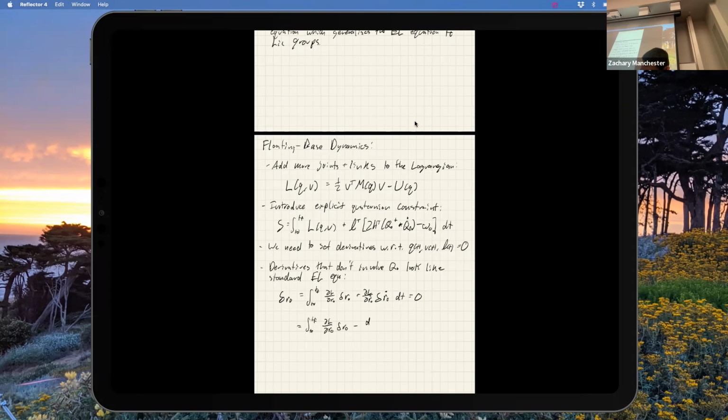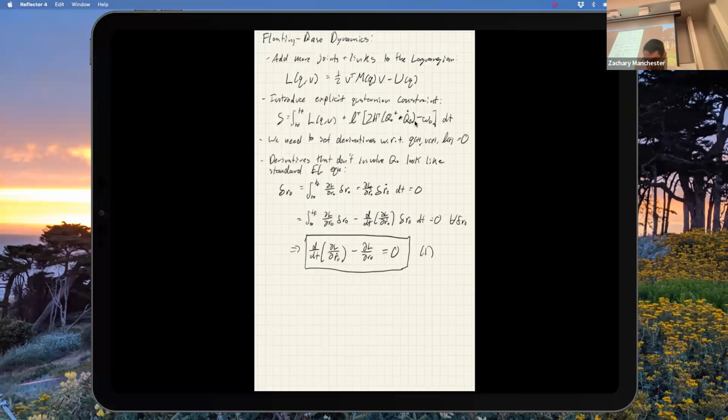So we flip the dot, so we get d/dt of partial L partial R naught dot, and we pick up a minus sign. And then this is what we want for all delta R naught, and then we pull out the Euler-Lagrange equation. So this is standard stuff. And I'm not going to do this for all of them, just rehashing, to make sure we're all on the same page. Cool. So we'll label this one.